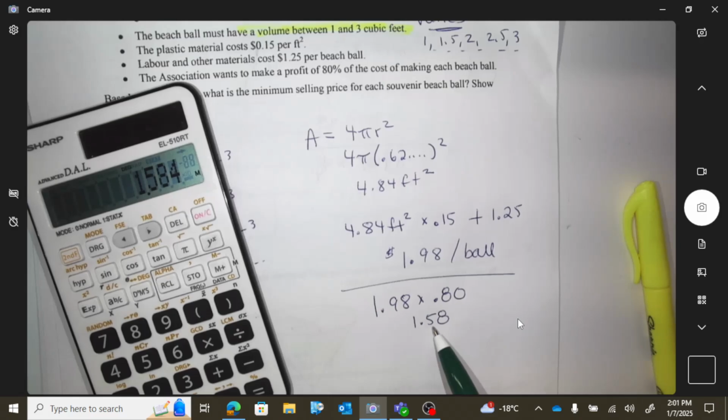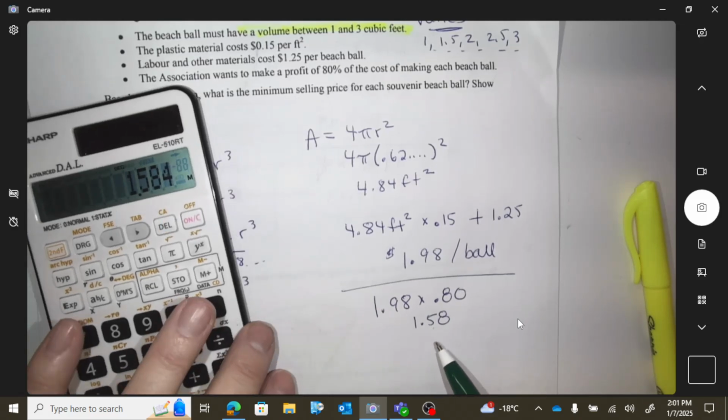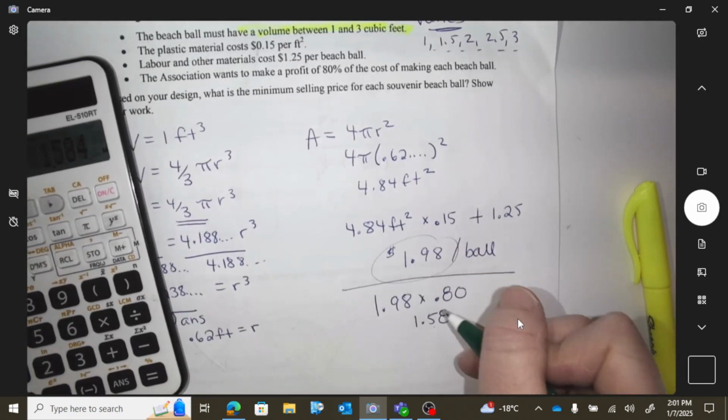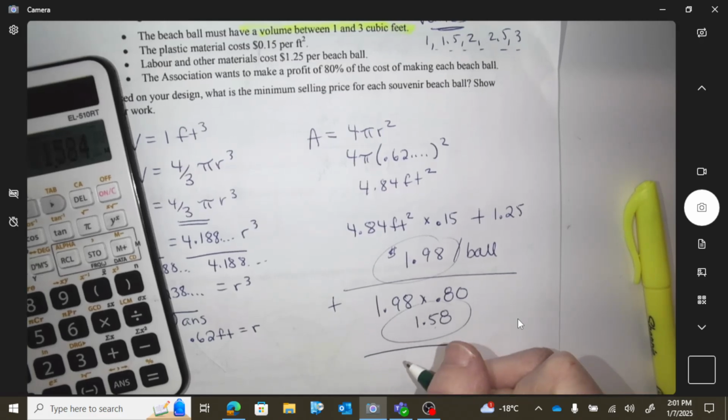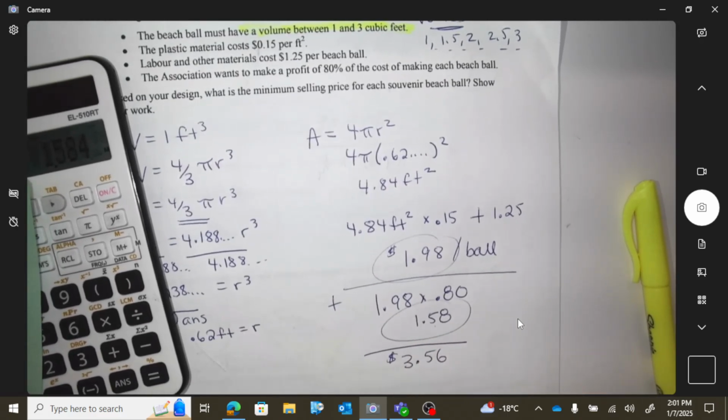But that's the added price because I need to make a profit. So I'm going to add, which means I need to sell my ball for 3.56.